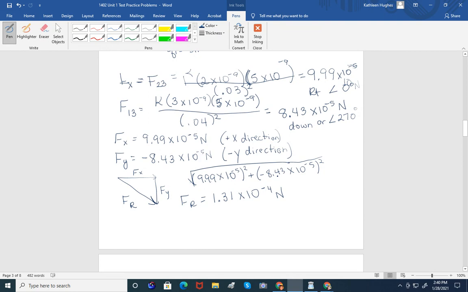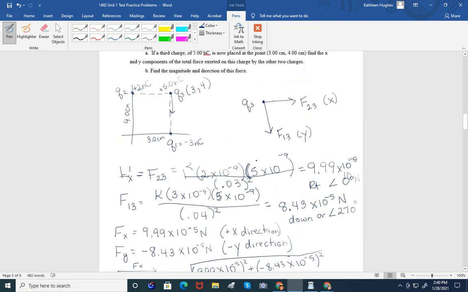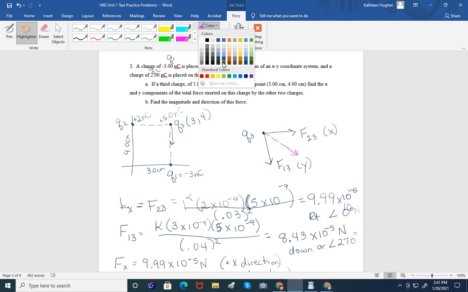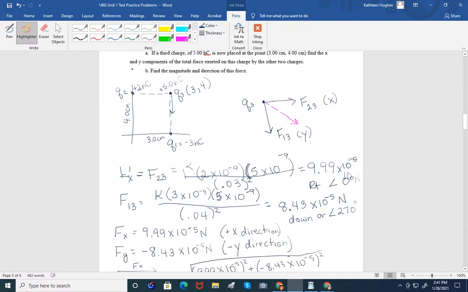Now, it didn't just say get the magnitude. It said find the magnitude and direction of this force. A little common sense says it should point somewhere down here. I don't know exactly, but something like this. So to get that, we use the tangent inverse.